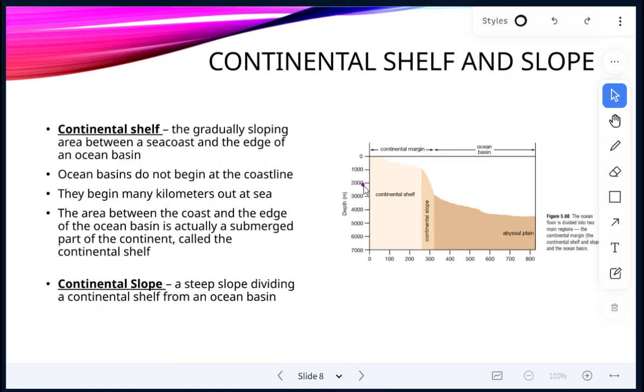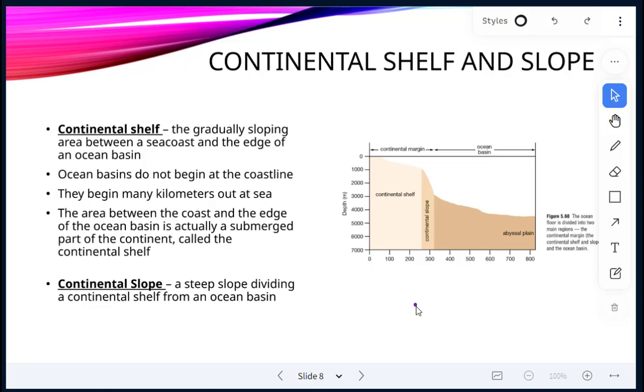Next, we're looking at the continental shelf and the slope. The continental shelf is the gradually sloping area between a seacoast and the edge of an ocean basin. Ocean basins don't begin at the coastline. They begin many kilometers out at sea. The area between the coast and the edge of the ocean basin is a submerged part of the continent.